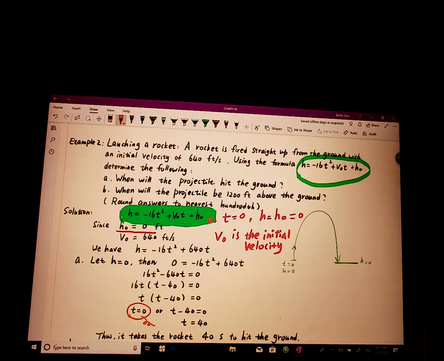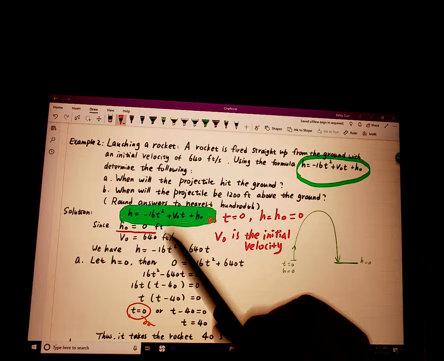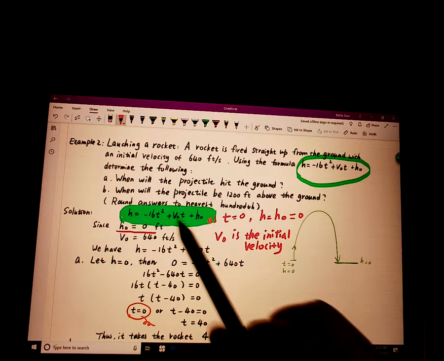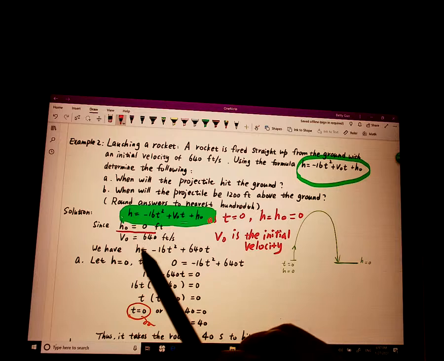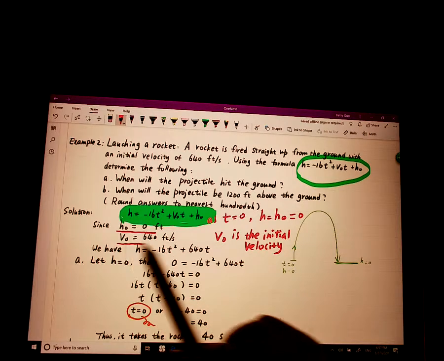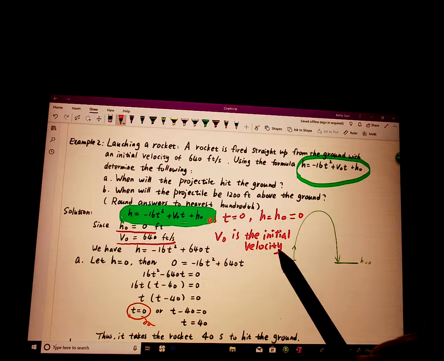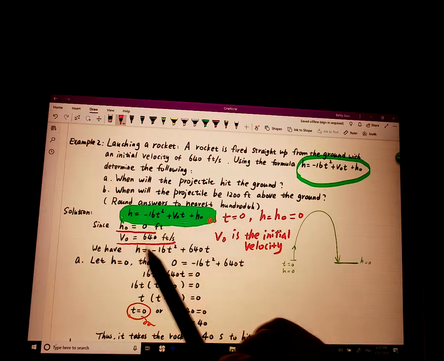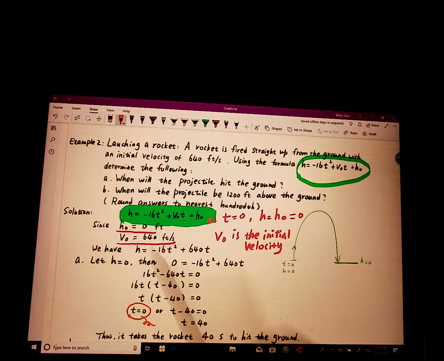If you have the chance to take calculus, you can take the derivative of the function and you would know why v sub 0 here is initial velocity. This part might be difficult because you might not identify that v sub 0 here means initial velocity.